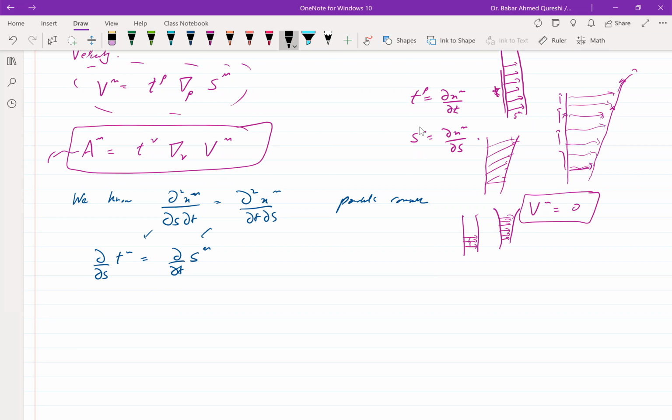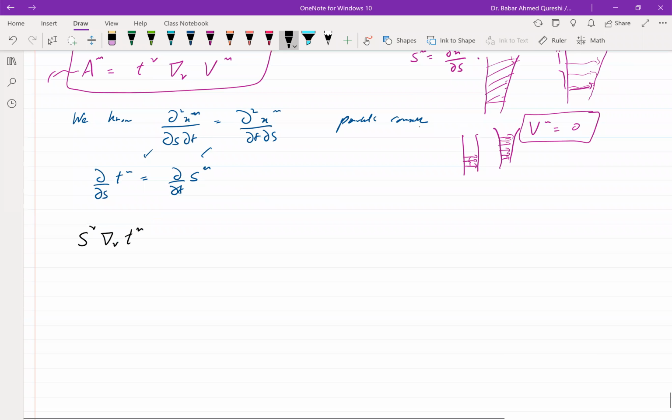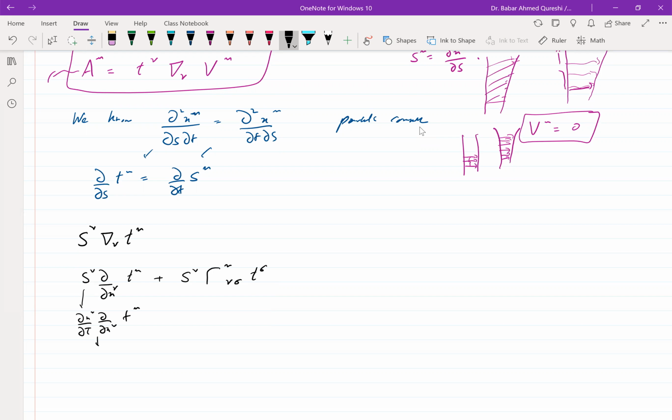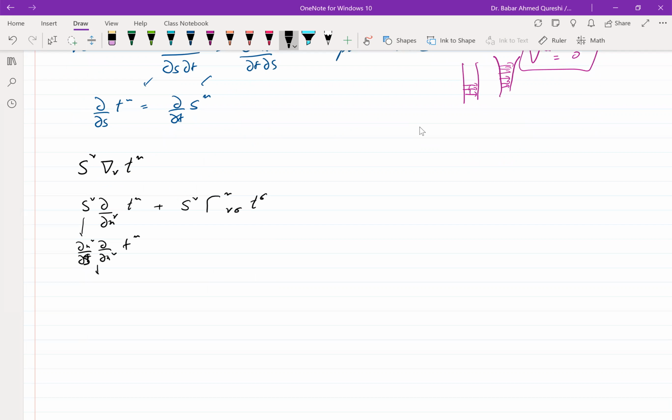Now, if I look at s nu d nu t mu, then this is s nu d by dx nu t mu plus s nu d mu nu sigma t sigma, and this, because it's the partial, gives me d by ds of t mu.